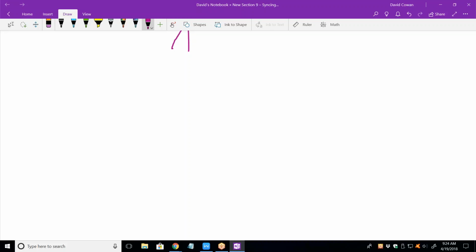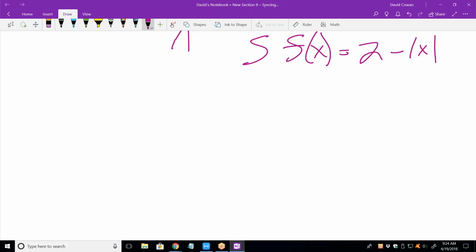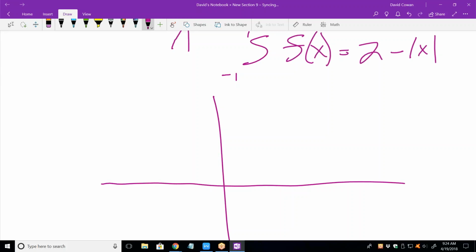So f of x is 2 minus the absolute value of x, and we're going to evaluate it from minus 1 to 1. Again, when they say use geometry, you know you're going to be dealing with straight lines. You don't need calculus to deal with straight edges. You need calculus to deal with curved edges.